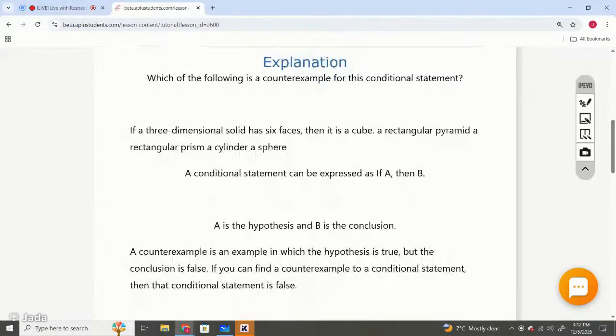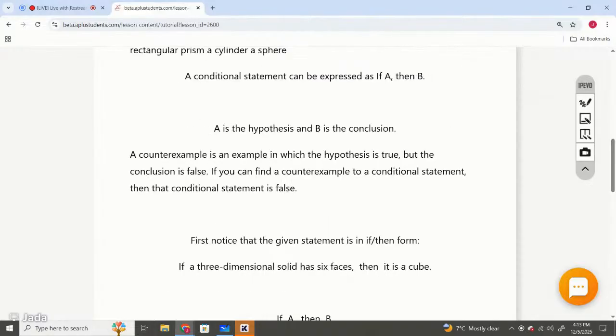The options are a cube, a rectangular pyramid, a rectangular prism, or a cylinder. A counter example is an example in which the hypothesis is true but the conclusion is false.